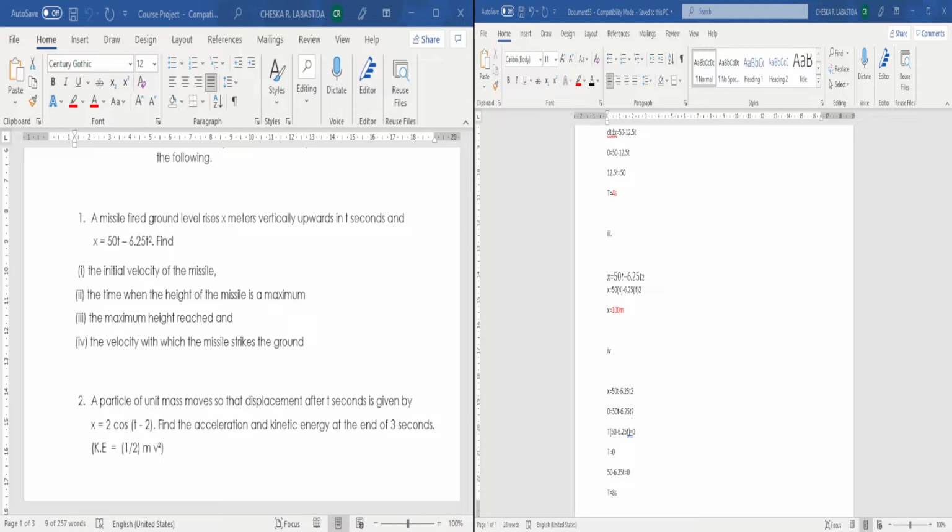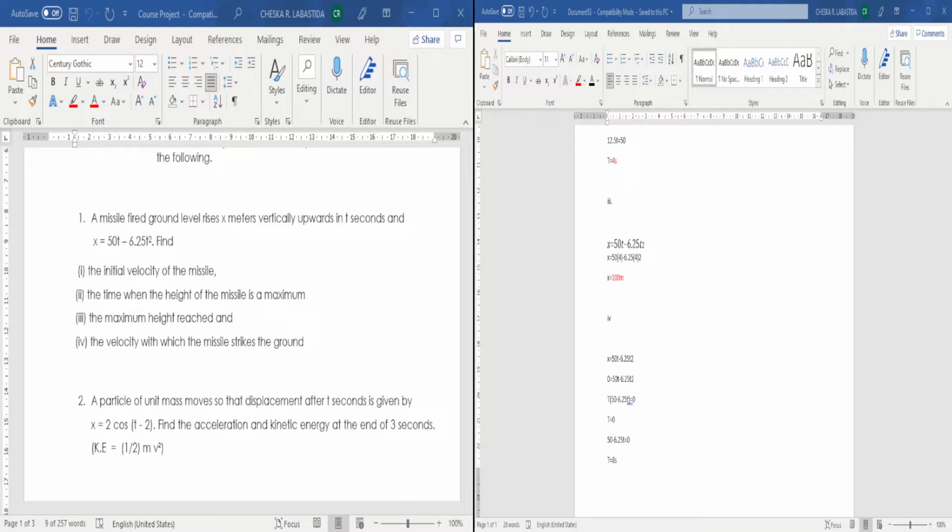Now that we have the total travel time, we need to find the derivative of the function, which is dx/dt equals 50 minus 12.5t, and then substitute the value of time traveled, which will give us the final velocity to be negative 50 meters per second, or 50 meters per second downward.